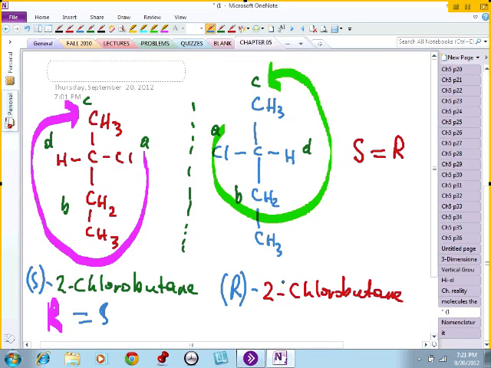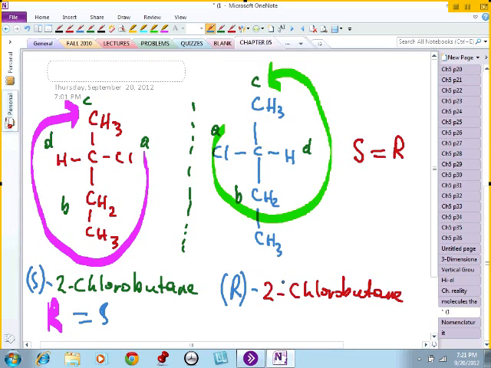No. We say that if your motion is clockwise, then that is R. If your motion is counterclockwise, that is S. However, when you make that motion, if the group of lowest priority is in the horizontal position of a Fisher projection, which means that it is coming at you, then you got to switch. In other words, if you say this was R, then really it must be S.